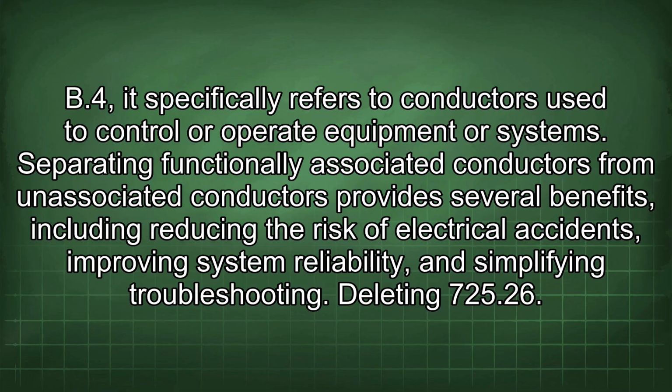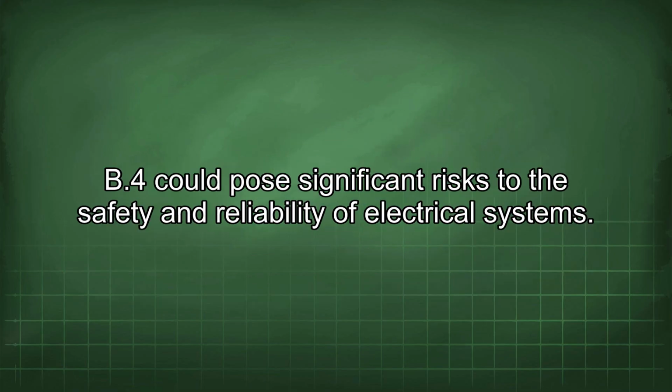Separating functionally associated conductors from unassociated conductors provides several benefits, including reducing the risk of electrical accidents, improving system reliability, and simplifying troubleshooting. Deleting 725.26(B)(4) could pose significant risks to the safety and reliability of electrical systems.